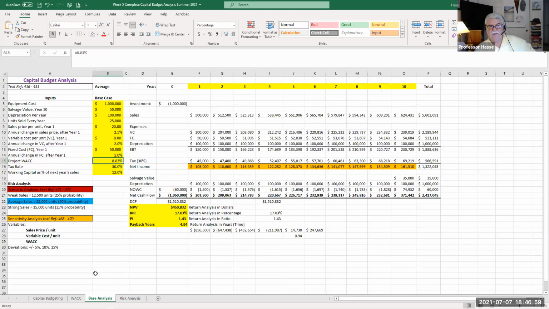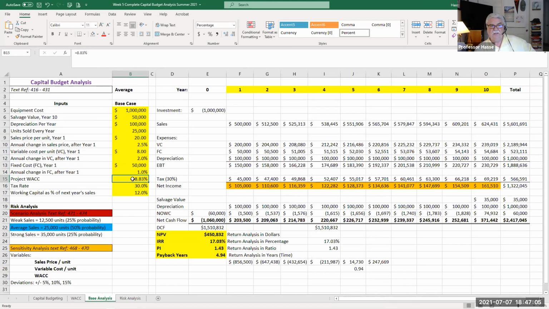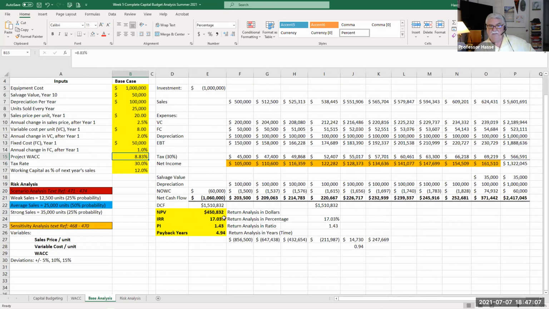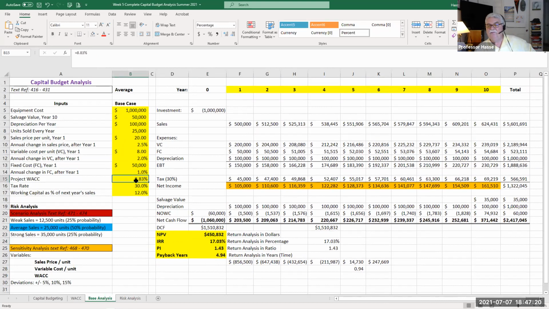And that is used as your, let me make this a little bit bigger here. That is used as your discount rate to determine NPV. It's used as a basis for determining your profitability compared to the internal rate of return. It's telling you your discount rate for the money going forward in this company.